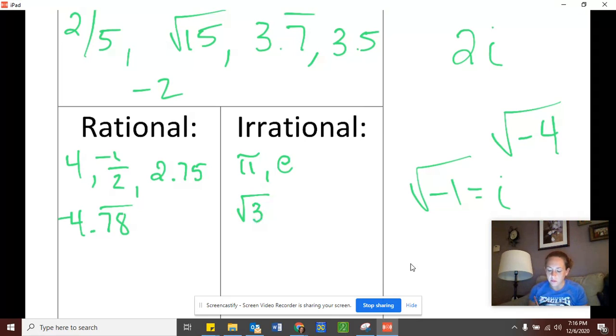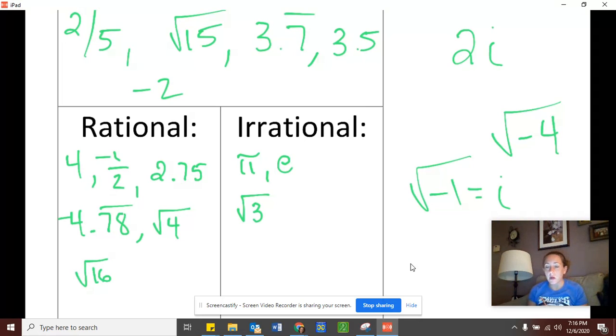Like the square root of 3. There's no quick and easy number that multiplies by itself to give you 3. So the square root of 3 is going to be irrational. If you had the square root of 4, that would be rational, because the square root of 4 is just 2. Or the square root of 16 is 4.